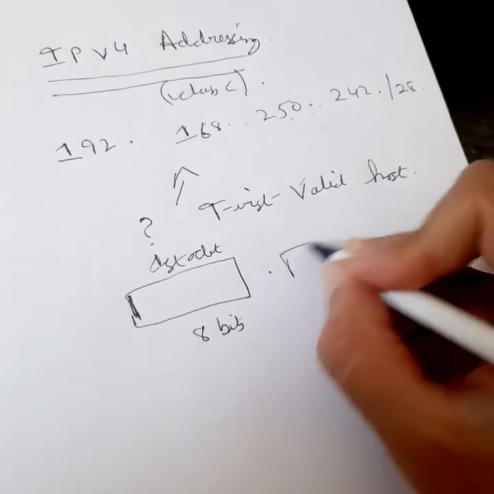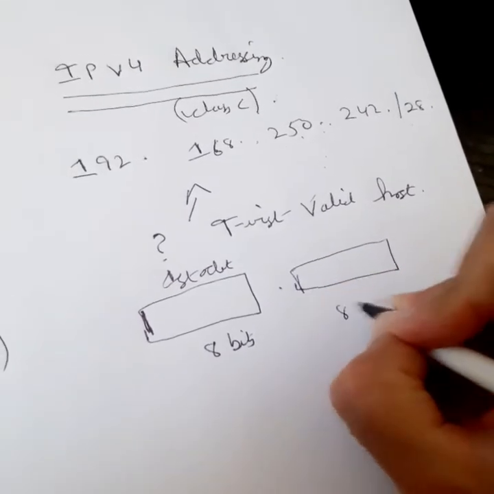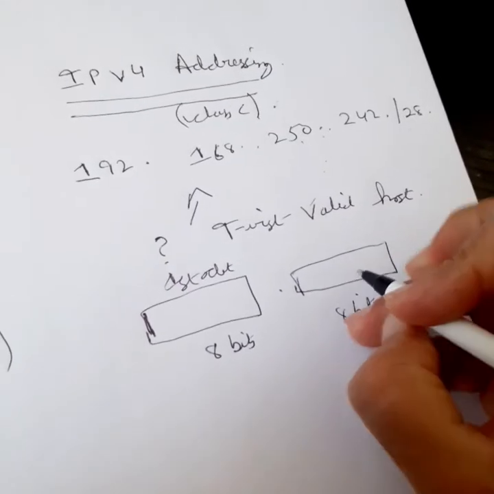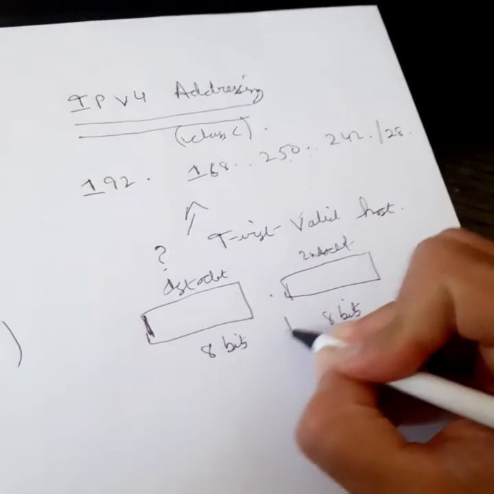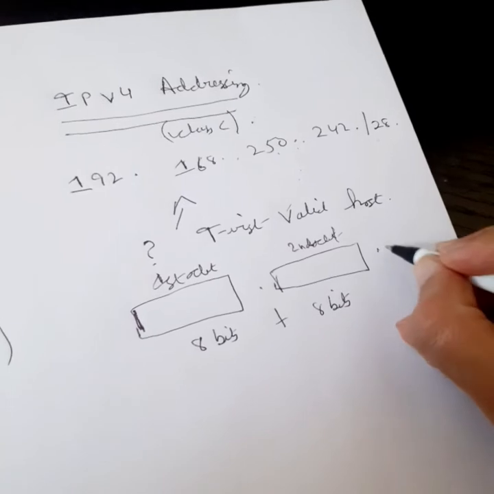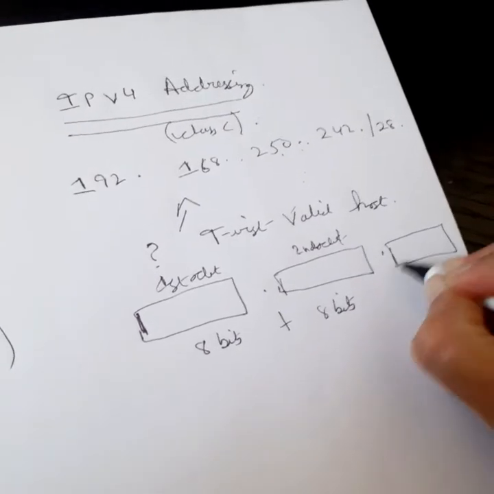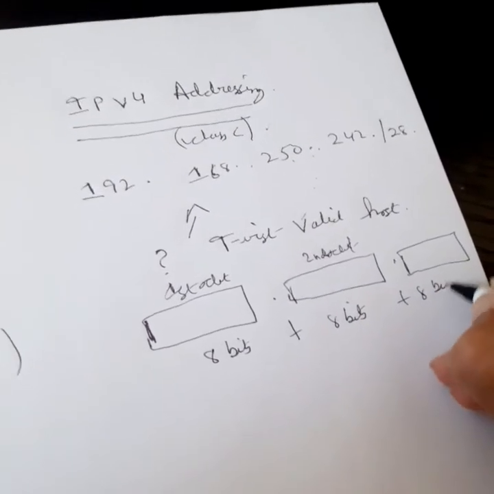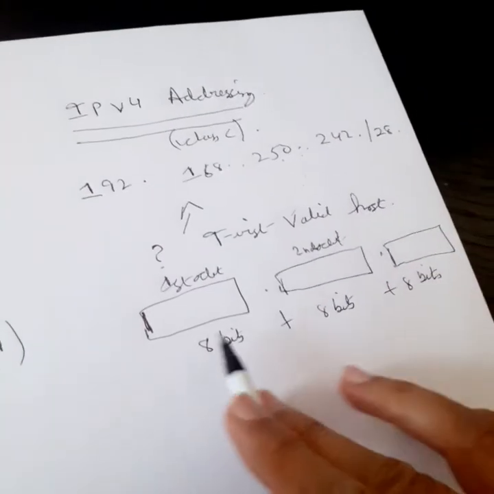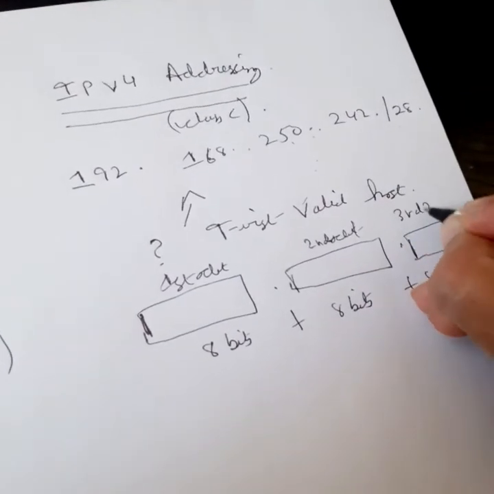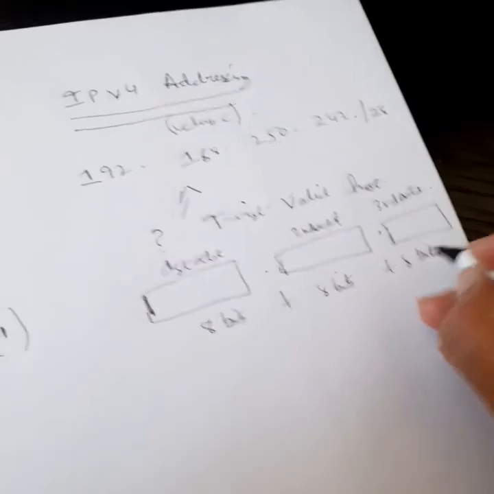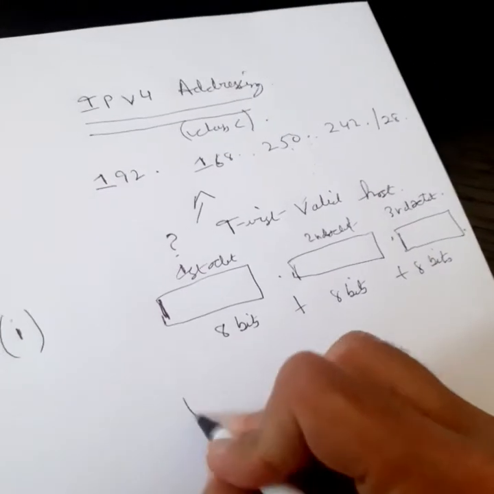And then we have octet number 2, that's 8 bits. It's fairly easy. Once you get the hold of it, you'll be alright. Now we have 8 bits more, so we'll carry on with adding all the 8 bits. That's the third octet. And now the last octet here.